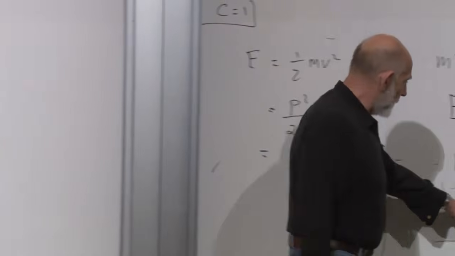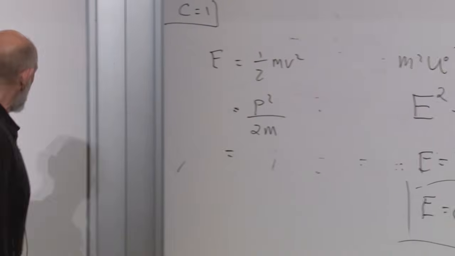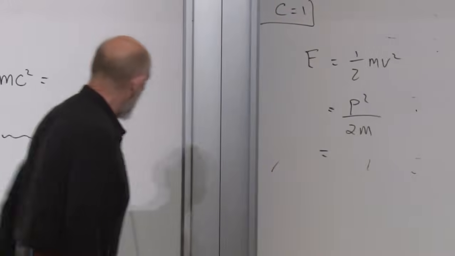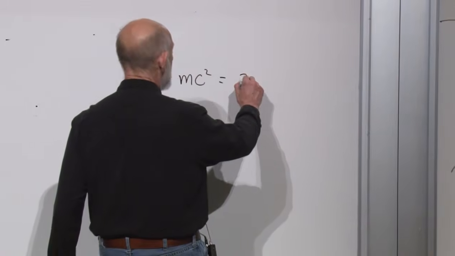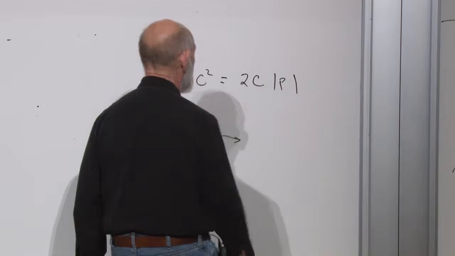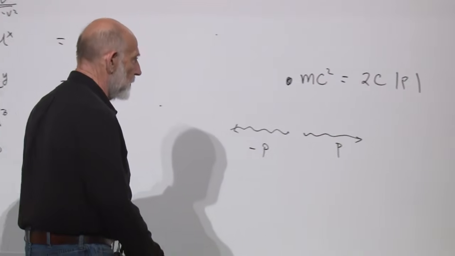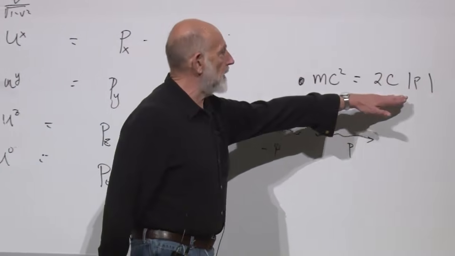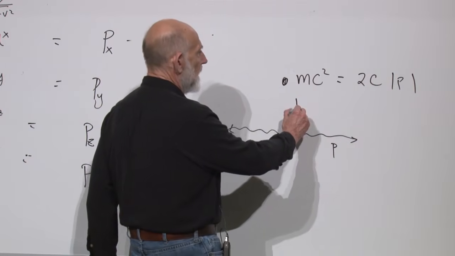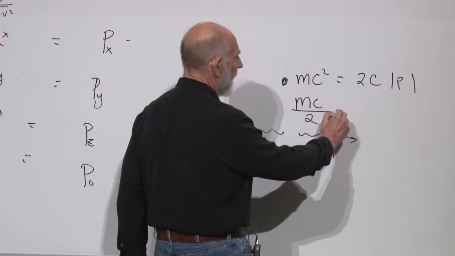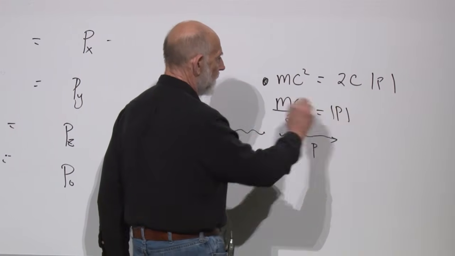The energy of the 2 photons is the same because they have the same magnitude for the momentum, and it's just equal to twice the speed of light times the absolute value of the momentum, p. So that tells us what the absolute value of the momentum has to be. It's mc over 2. That's the momentum of each one of the photons.